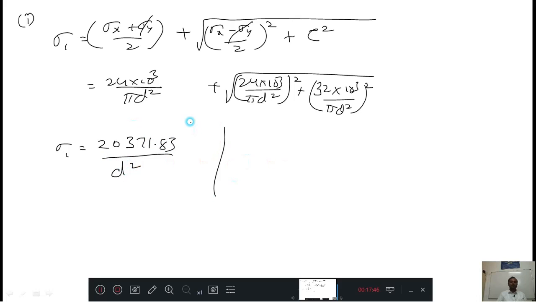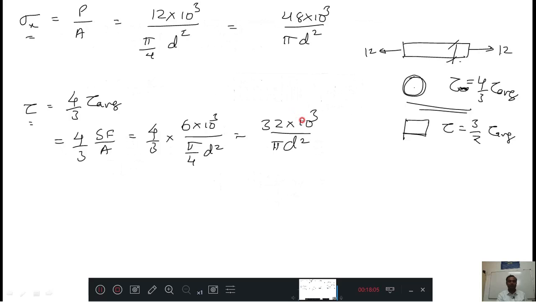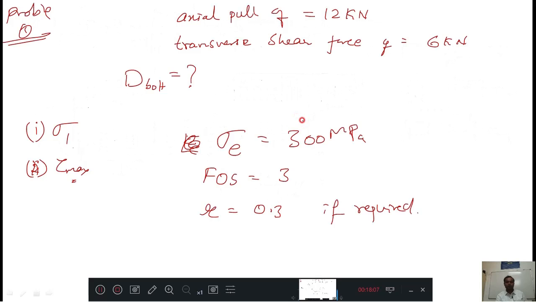But this theory says that sigma 1 must be equal to sigma e, so 20371.83 divided by d square is equal to that stress. How much is that stress given? 300 MPa.